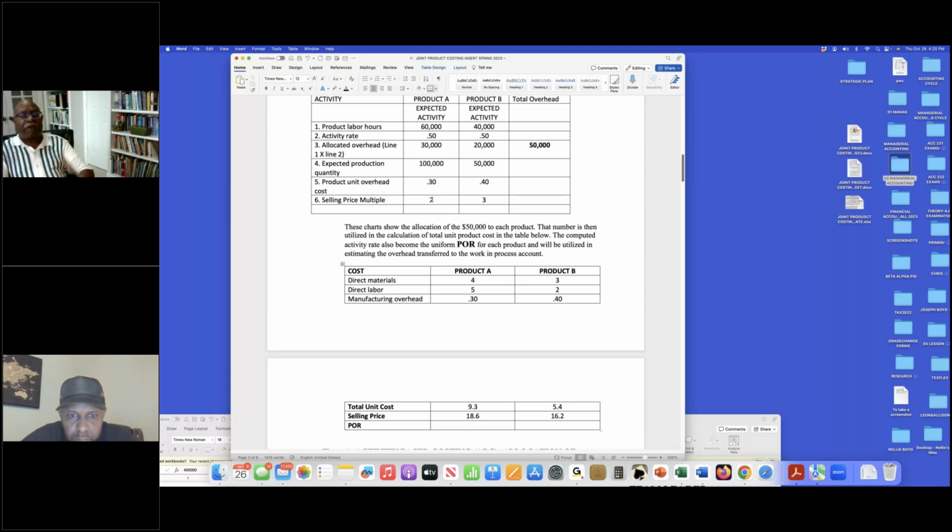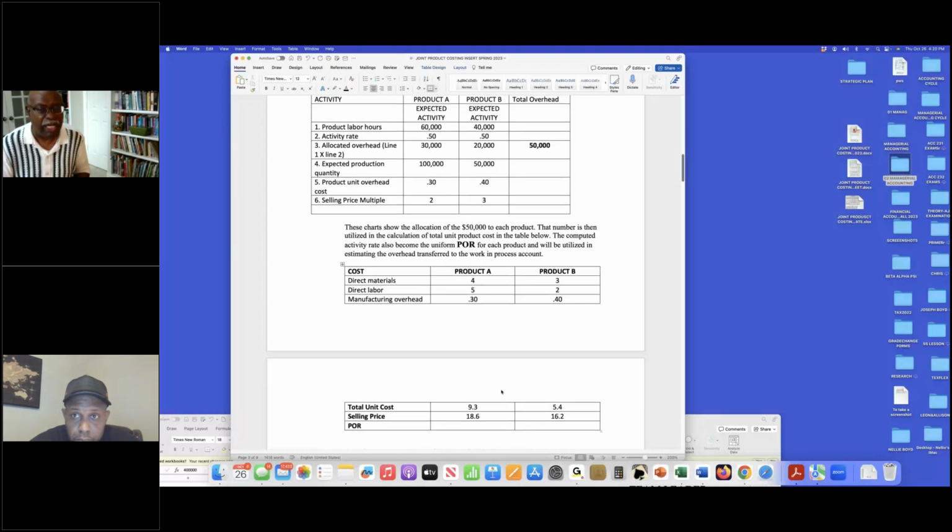Okay, it's the same thing we're doing. We have direct materials, direct labor, and manufacturing overhead. We add those together and then use our selling price multiples to get the selling price. And guess what our POR is going to be? 0.5.